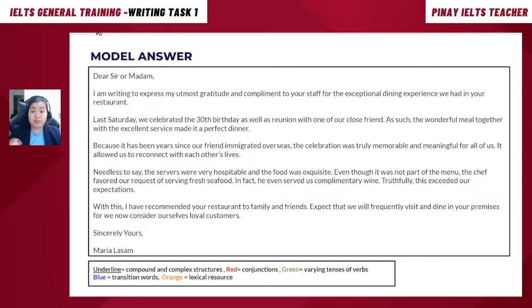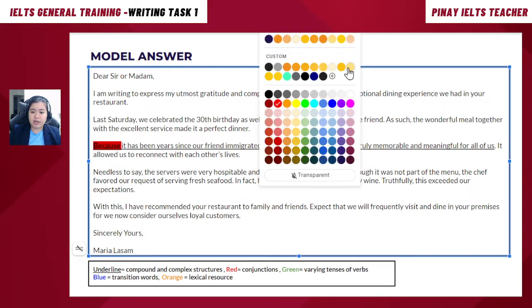So I suggest you research on these scoring rubrics so you understand this part where I'm analyzing the letter that I just wrote. So now I'm going to underline all the words or all the sentences that have compound and complex structures. This definitely is a complex sentence because because functions as a subordinate conjunction there.